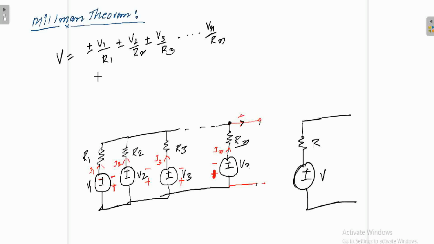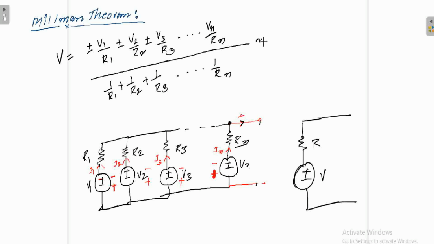This is your I, and V is equal to I into R, so divided by 1 by R1 plus 1 by R2 plus 1 by R3 up to 1 by Rn.